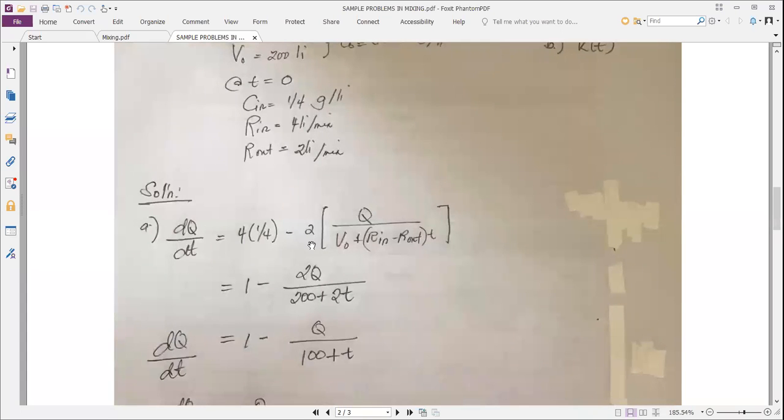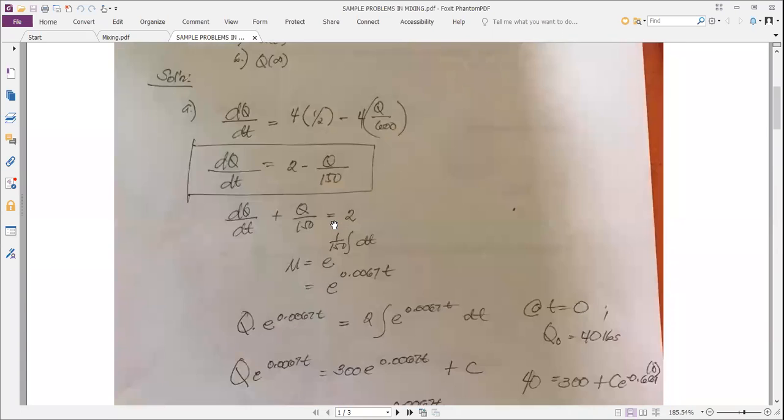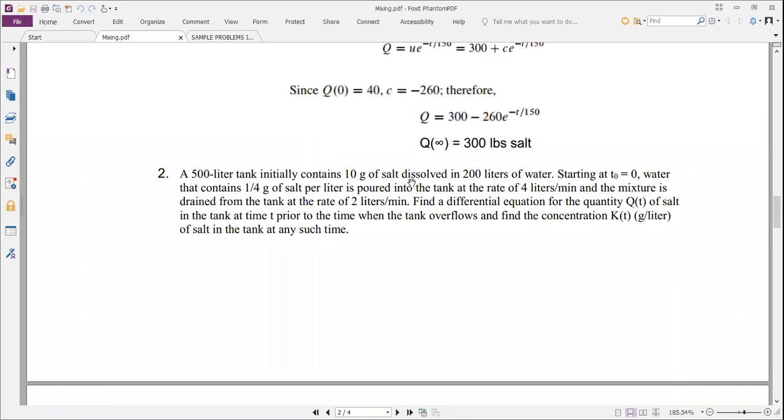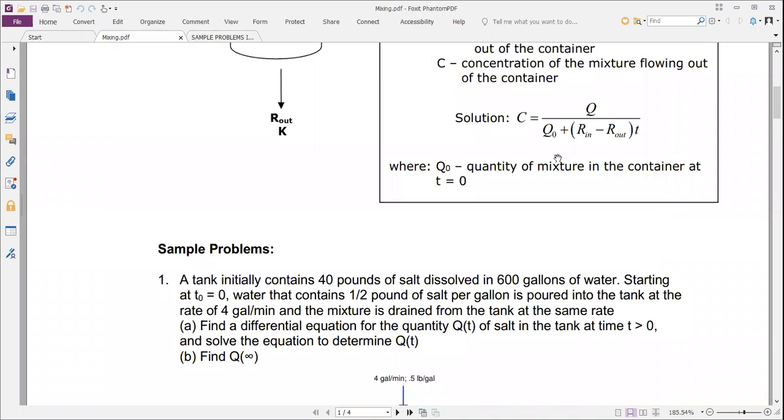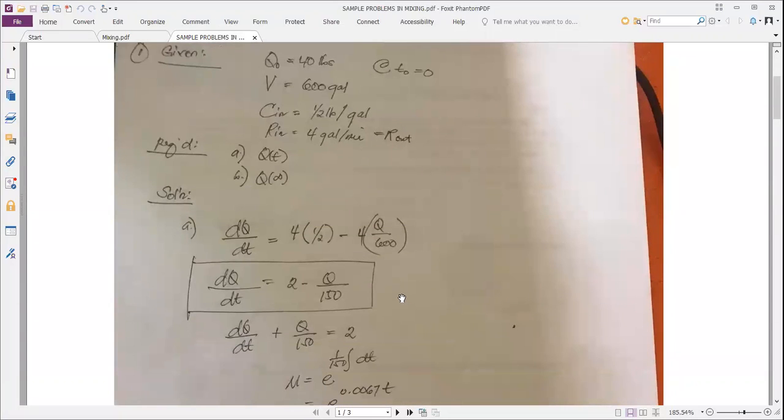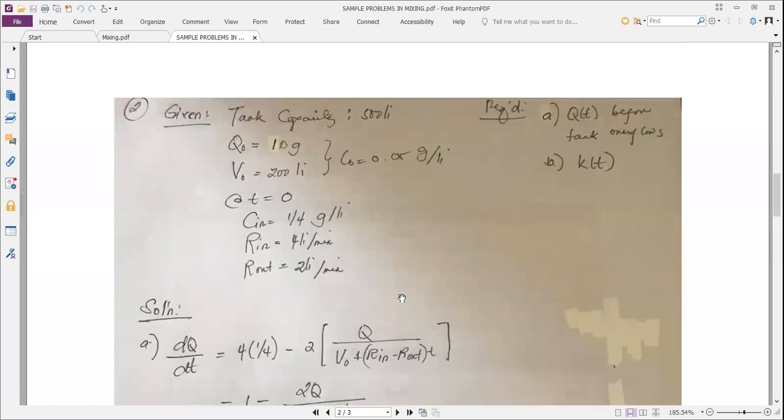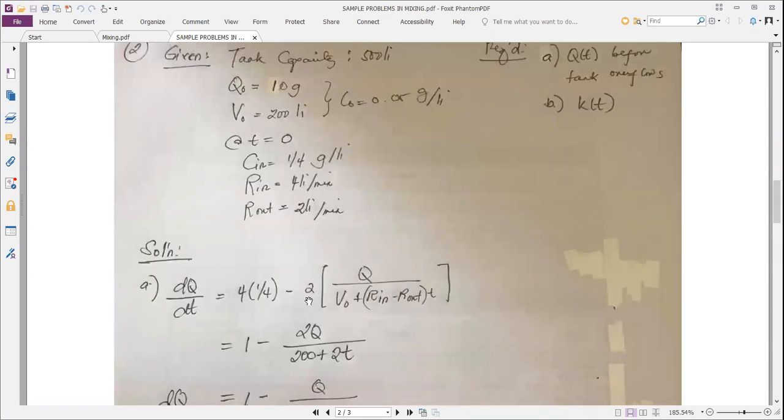And this time, class, your concentration will be following this guide, in the same way that sample problem 1 also followed that guide. So the concentration at any particular time, this is the rate, by the way, 2 liters per minute, is the amount of salt in the tank at that particular time divided by the sum of the initial volume plus the product of the rate coming in minus the rate coming out times the time.